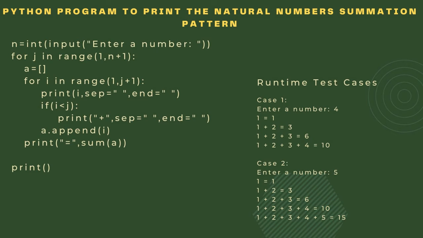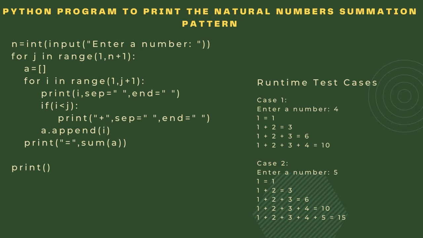This is a Python program to read a number n and print the natural number summation pattern. Problem description: the program takes a number n and prints the natural number summation pattern. Problem solution: 1. Take a value from the user and store it in a variable n. 2.